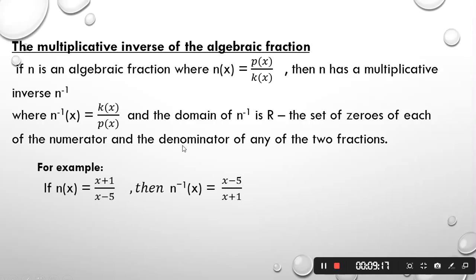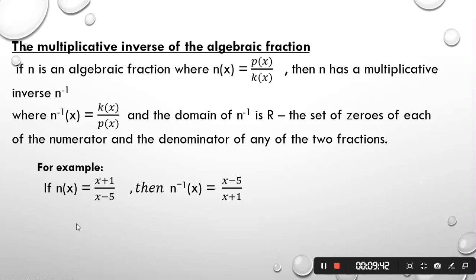For example, if n of x equals x plus 1 over x minus 5, so n minus 1 of x, yes, I will flip it: x minus 5 over x plus 1. We flip the fractions. What about the domain of n and the domain of n minus 1?